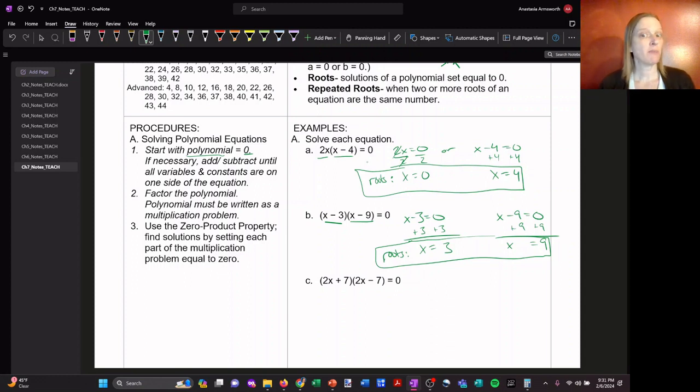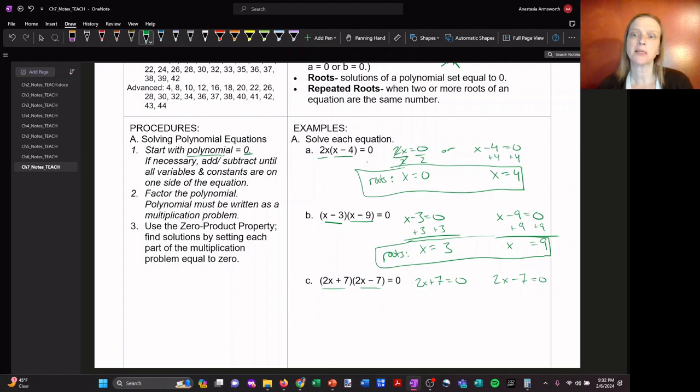Let's do a slightly more complicated example. Here I've got 2x plus 7 times 2x minus 7. Notice this is a difference of squares pattern from last module, but we're not trying to multiply this out. We're just trying to find the roots. So I would say either 2x plus 7 equals 0 or 2x minus 7 equals 0.